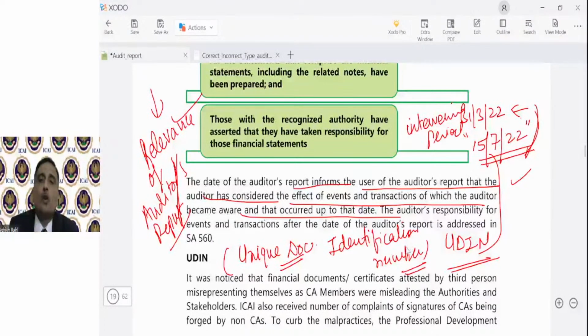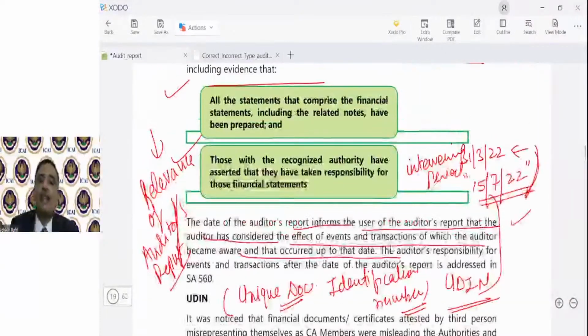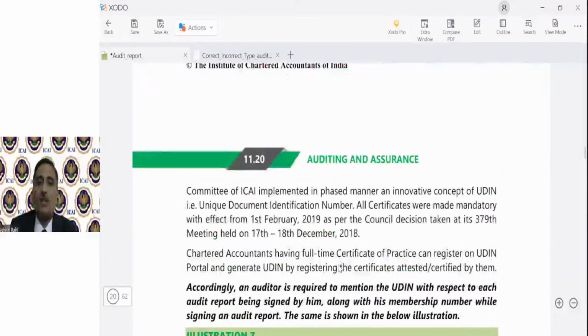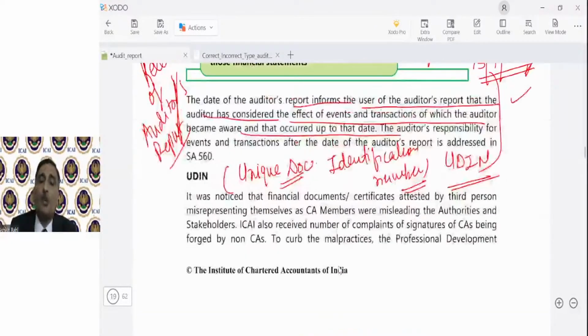So to curb these malpractices, ICAI has launched this innovative concept of UDIN. It has to be issued for every audit report and every certificate issued by practicing members.